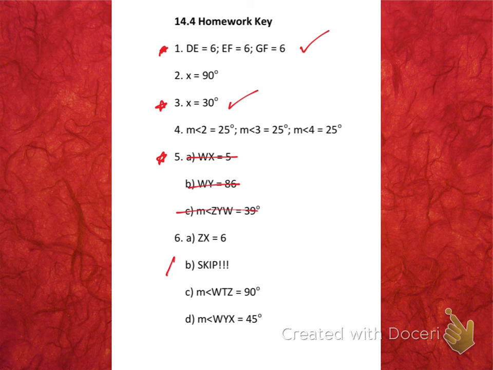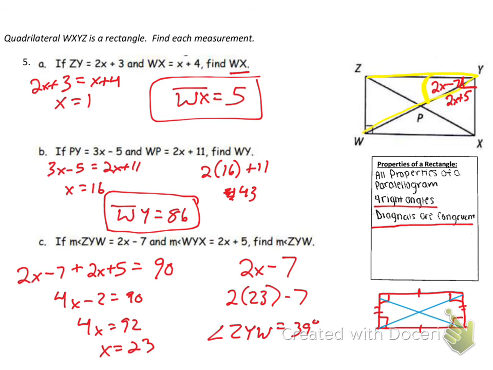Remember to skip B in number 6. So just keep this in mind again. On C here, we know that this angle right here is going to be 90 degrees.